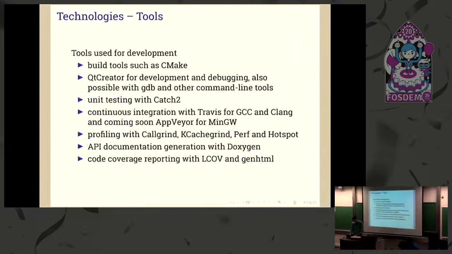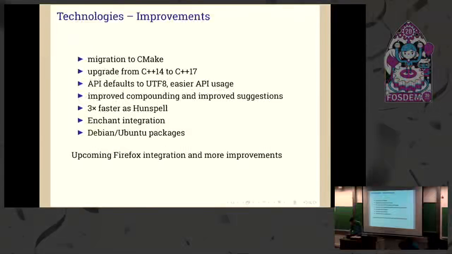Very shortly, these are the tools we use, not very important if you want to use our library, unless you want to become part of the team, which you're welcome to. So the things we changed in version 3: we upgraded to C17. We use CMake to build the library and the command line tool.